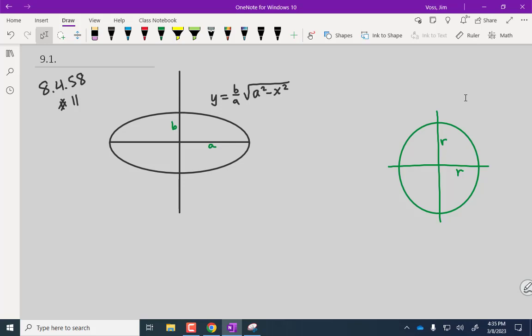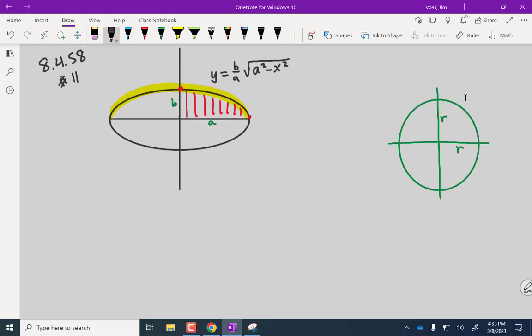So this curve right here is the upper semi-ellipse. If we wanted to find the area, we could use some symmetry, correct? We could find the area of this and multiply it by 4. So the area of our total ellipse is going to be 4 multiplied by the integral.